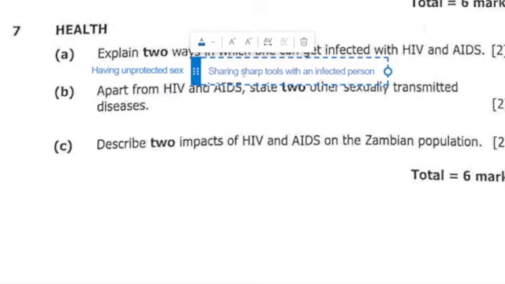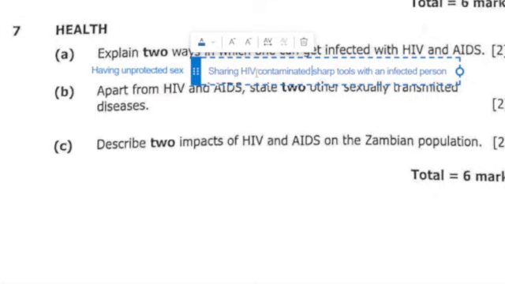I don't know if I've tried to explain what I mean here. So sharing sharp tools, let me say sharing HIV contaminated sharp tools.